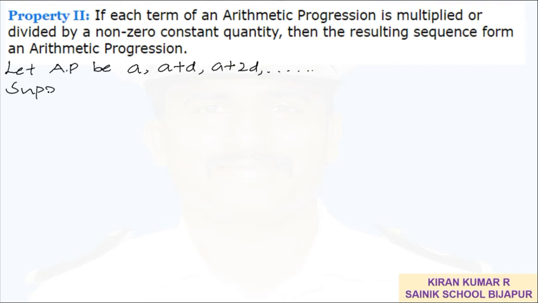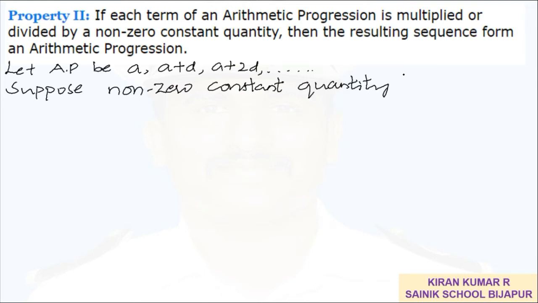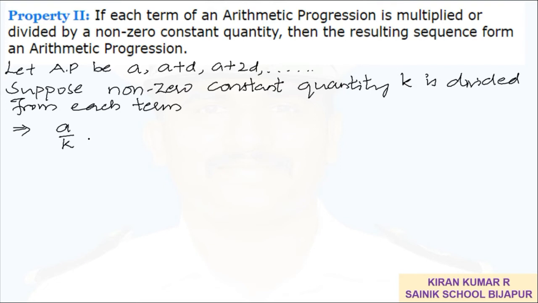Suppose a non-zero constant quantity k is divided from each term, then the new sequence formed will be a by k, a by k plus d by k. This is second term. The third term is a by k plus 2d by k, and so on.